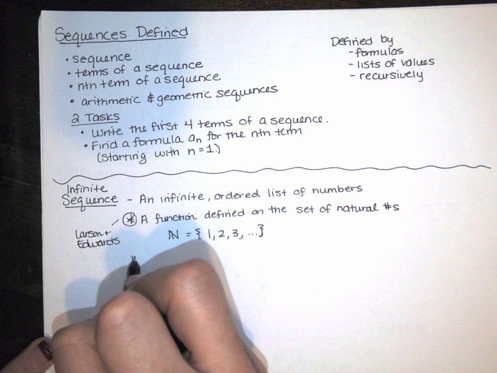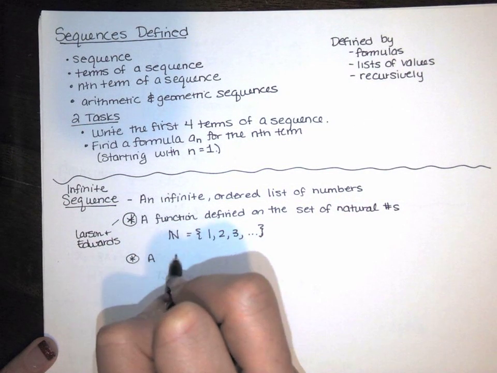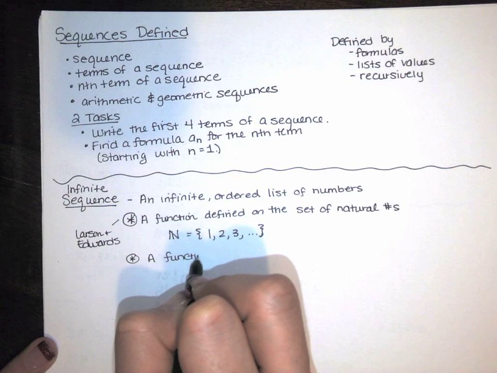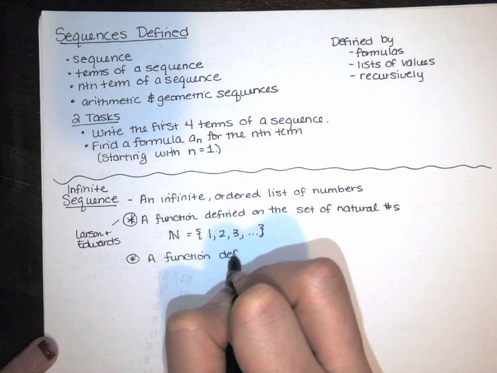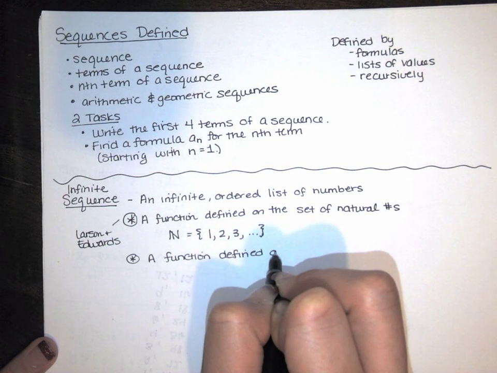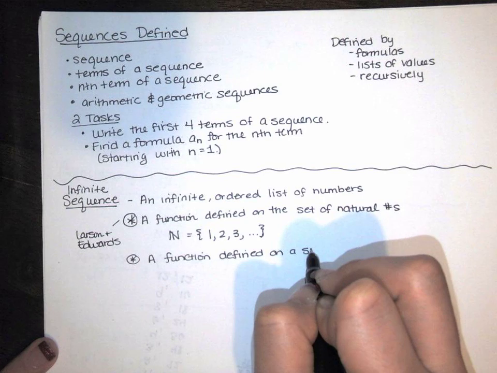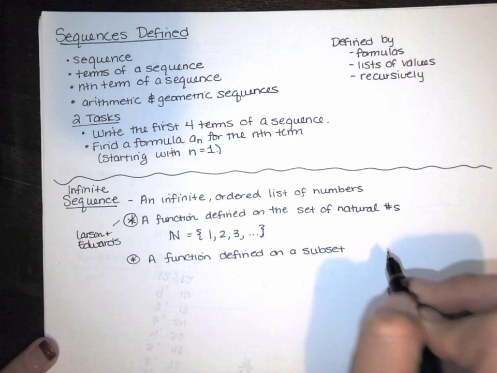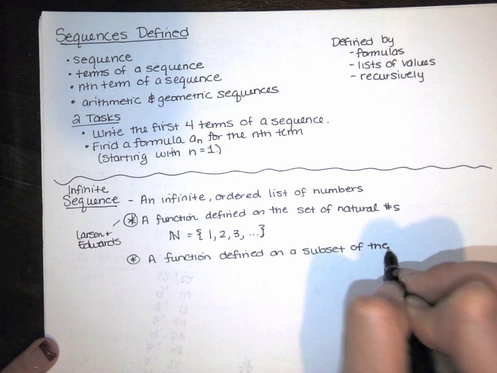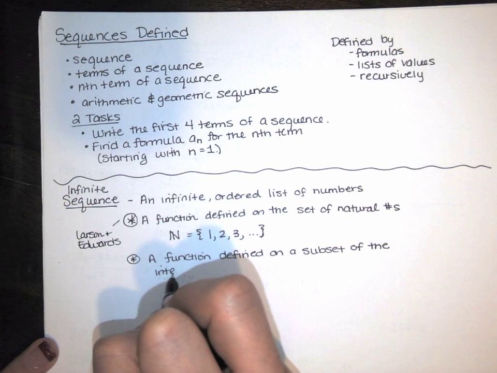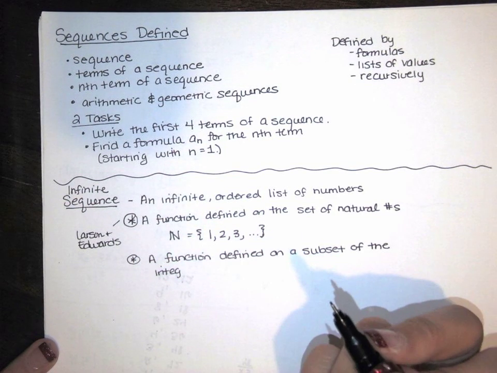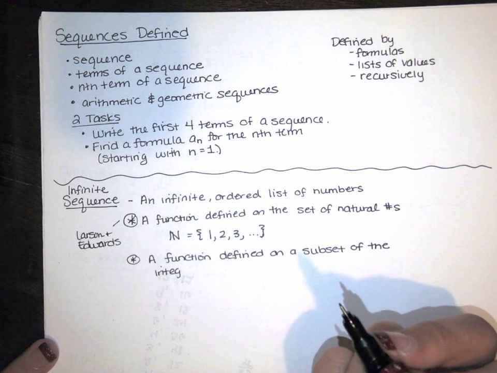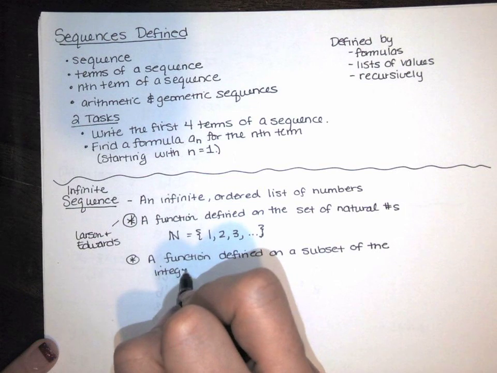So let's just say it's a function defined on a subset of the integers. And integers are all your natural numbers, those natural numbers times -1, and then 0.